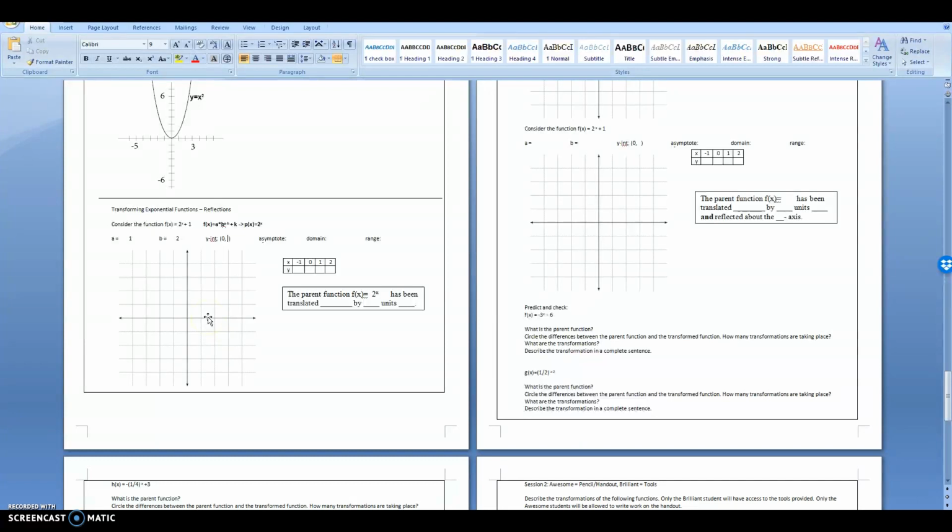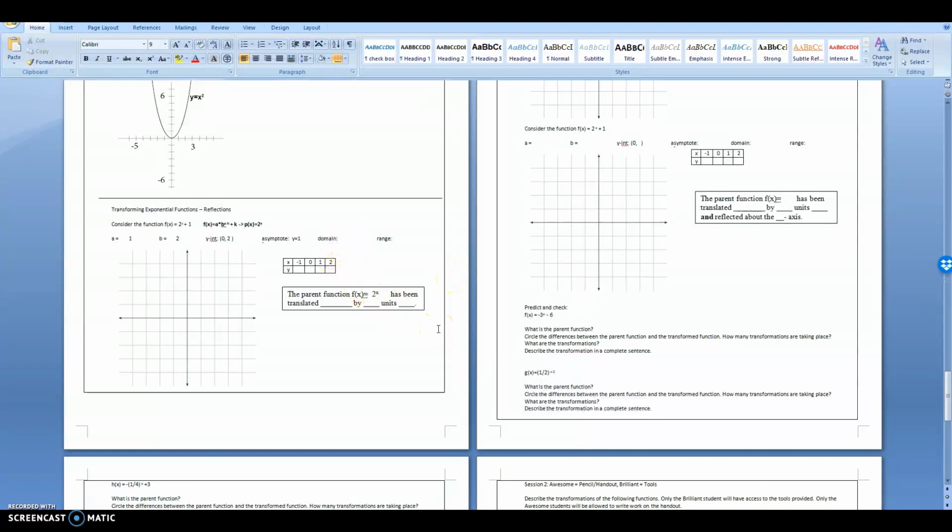What is our y-intercept? Well, what happens when x becomes 0? 2 to the 0th power, or any number to the 0th power, is 1. Plus 1 should be 2. What is our asymptote? Well, our usual asymptote is y equals 0. There's a vertical translation here, so we know that our asymptote has been shifted up once.